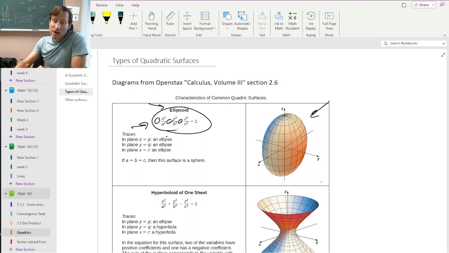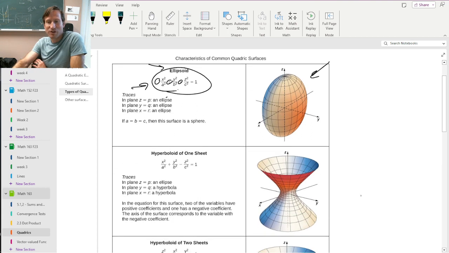Another type of quadratic surface that we've already seen an example of is this kind of shape. So we call this a hyperboloid of one sheet. It turns out that because there are intercepts in 2 directions but not the third direction, it looks like a hyperbola where 2 of them have a plus and 1 of them has a minus.